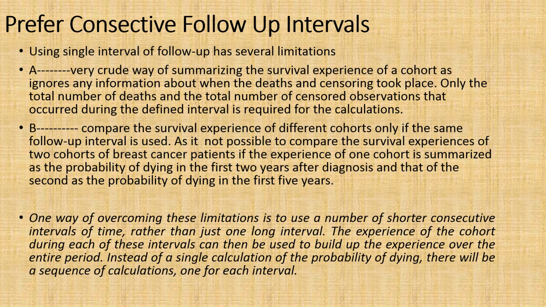The second important thing to keep in mind is to prefer consecutive follow-up intervals. Follow-up interval means that you are not collecting data at day one and then after 10 years making a follow-up analysis by telephone, postcards, or any other means to find the status of these individuals.